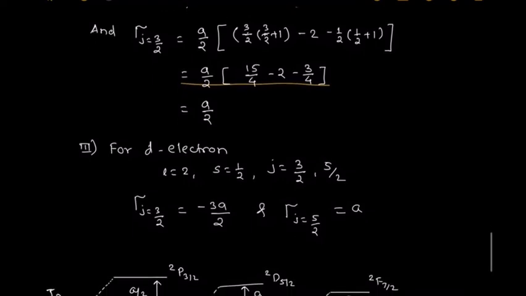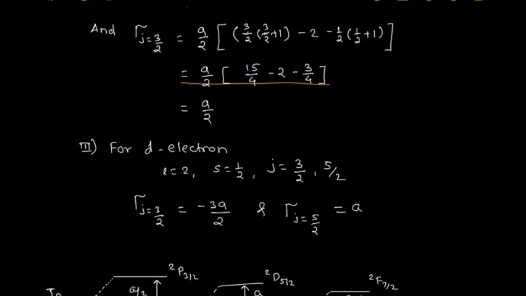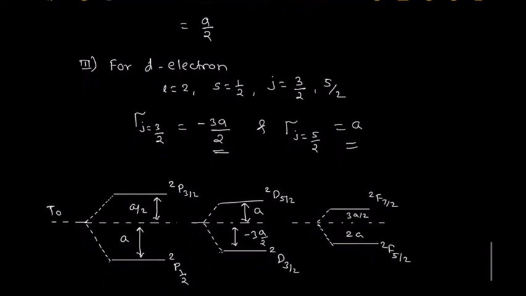Firstly, find tau J for the lower state in the D electron, for 3 by 2. This result we write directly: minus 3A by 2, and for 5 by 2 it is A. Hence, for the D electron, doublet D 5 by 2 is the upper state and doublet D 3 by 2 is the lower state. For the lower state it is minus, for the upper state it is plus. Now that is shown here.